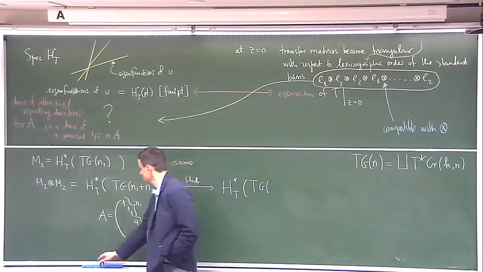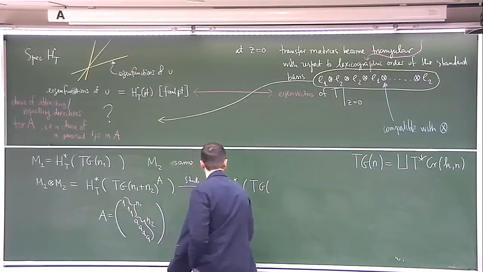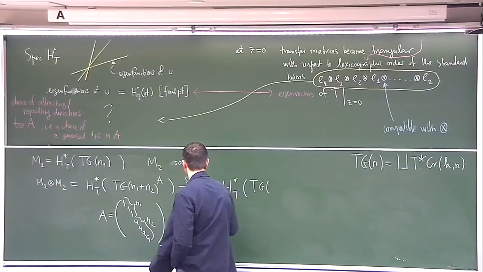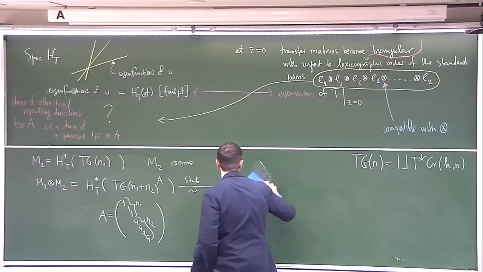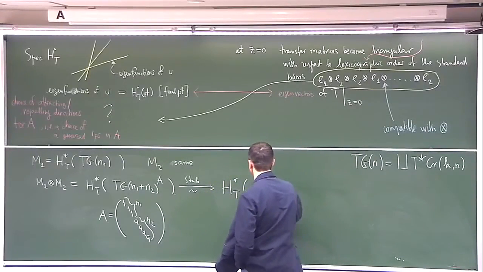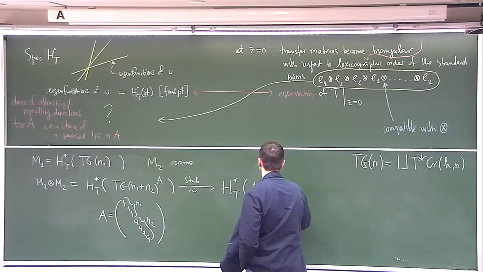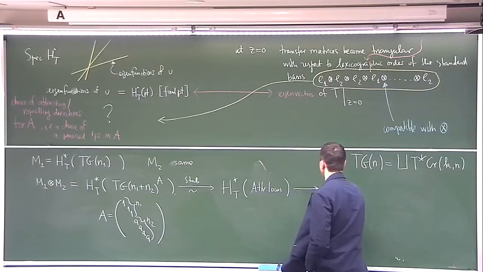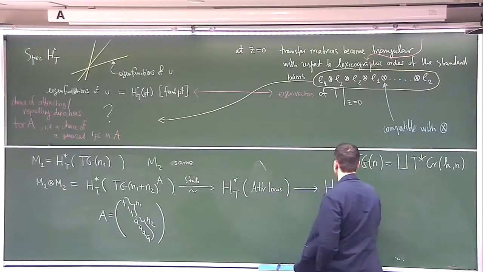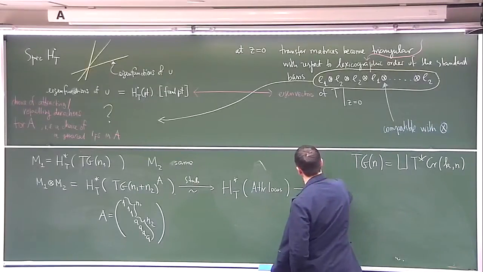First attracting locus, this is an isomorphism to the attracting locus, and then this push forward is an isomorphism after localization.